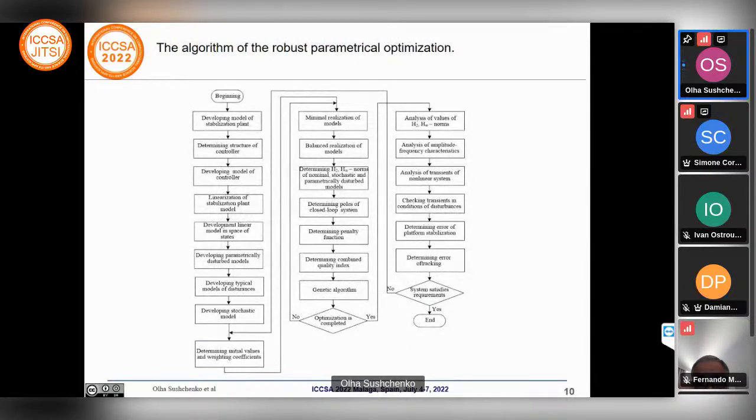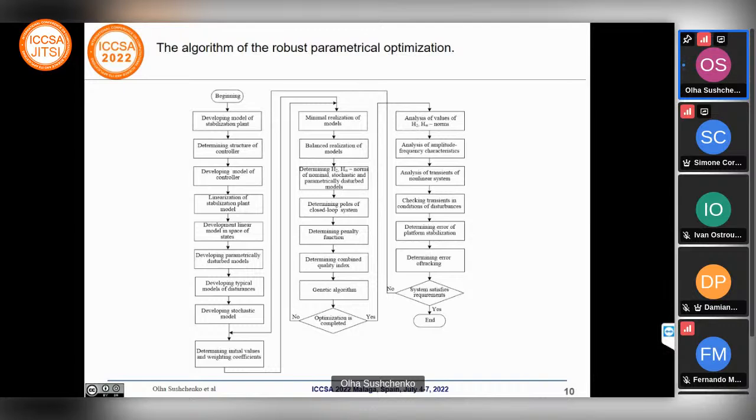Now you can see the algorithm of the robust parametrical optimization. It's possible to divide it into 3 parts. Each of these parts is illustrated by an appropriate column.